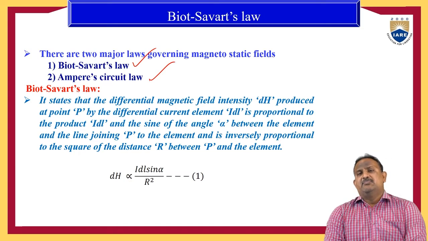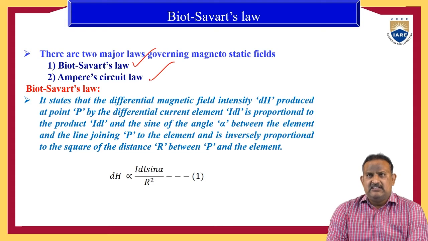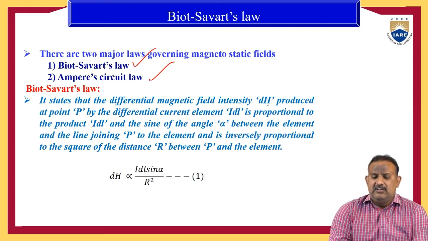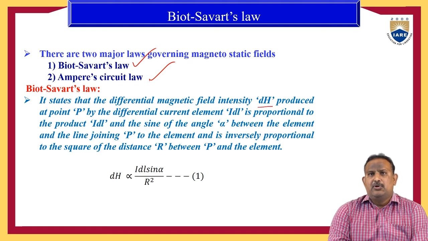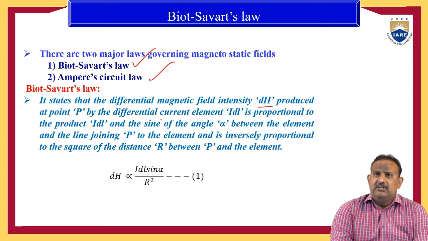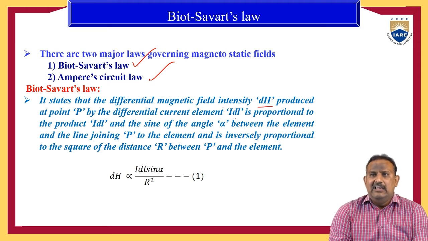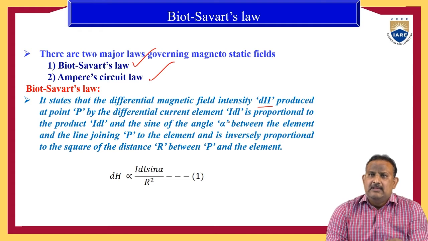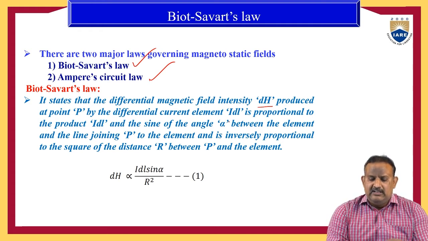The statement of Biot-Savart's law is that the differential magnetic field intensity dH produced at a point P by the differential current element IDL. Let us assume a differential magnetic field intensity dH and a differential current element IDL.